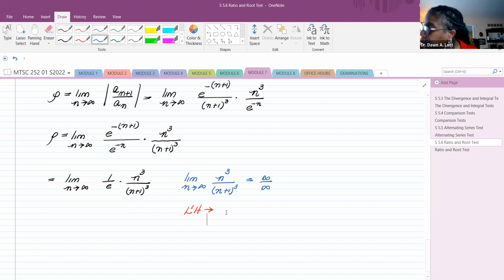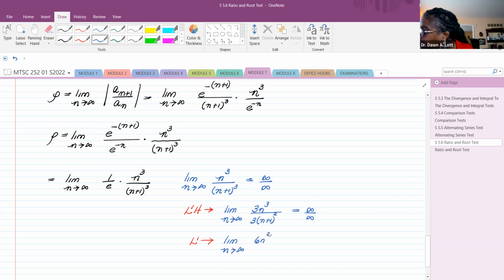And that says that the limit as n approaches infinity of 3n squared over 3 times n plus 1 squared. And that again is infinity over infinity. So L'Hopital's rule again. So that's the limit as n approaches infinity of 6n over 6n plus 1.